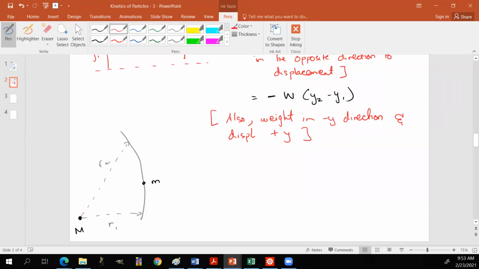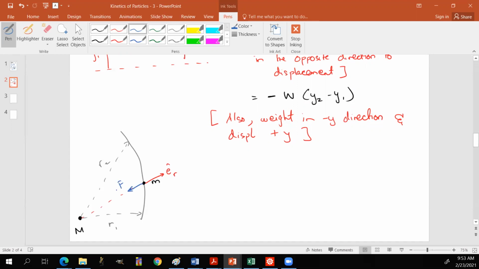And on the body itself, when we're defining our coordinate frame, you'll have your coordinate system such that you're looking at the radial and transverse components, right? The radial component always points away, but here the force is going to point in the opposite direction.